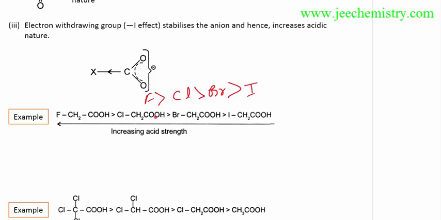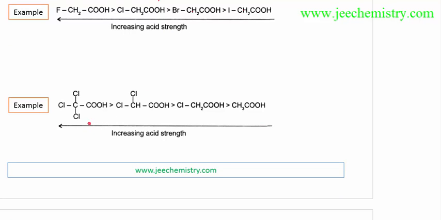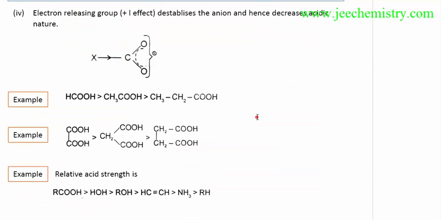That's why this is more acidic than this, then this. In this way, I have already explained this. But here three I effects are working: this is 1, 2, 3. This group has 3 minus I effect, this group has 2 minus I effect, this group has 1 minus I effect, and this one has no I effect. So it is more acidic than this, then this, then this. In this way you can explain the acidic strength.